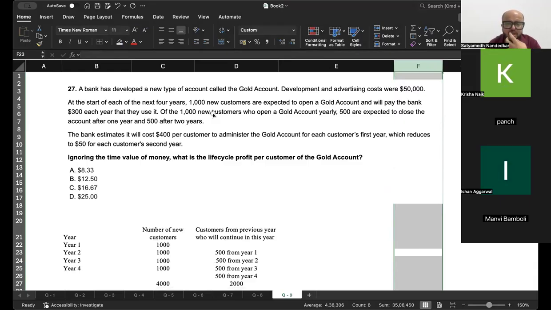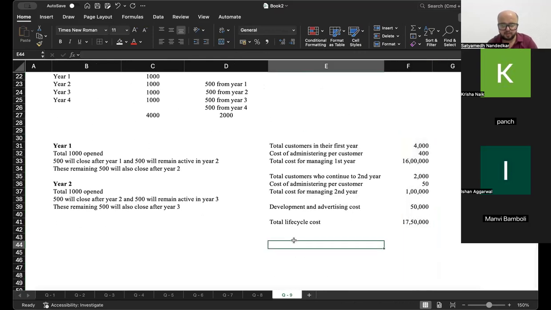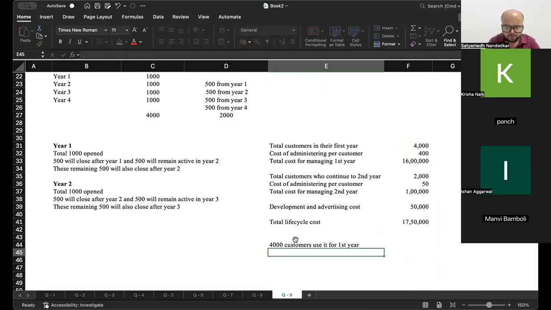And how much do we charge the customers? At the start of each of the next 4 years, customers are expected to open a gold account and will pay the bank 300 each year that they use it. So 4000 customers use it for first year.